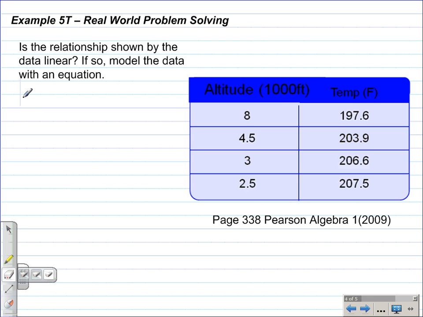The rate of change is defined as the change in the dependent variable over the change in the independent variable. So here, the temperature is going to be our dependent variable, and the altitude is going to be the independent variable.